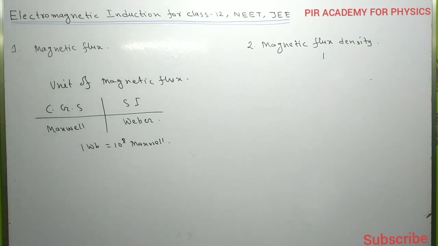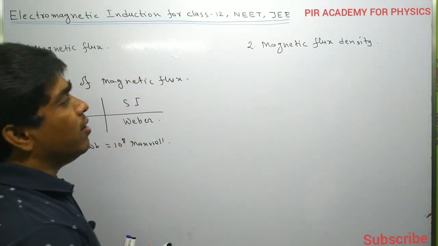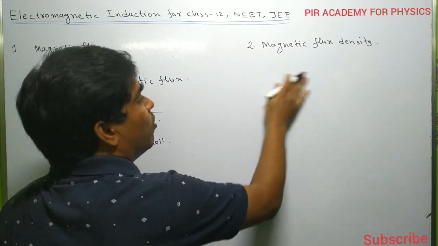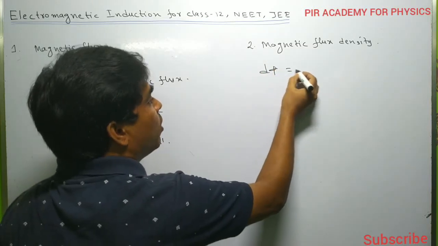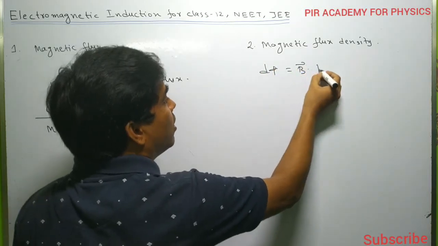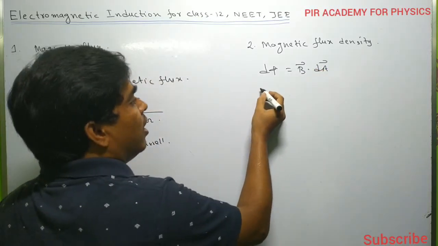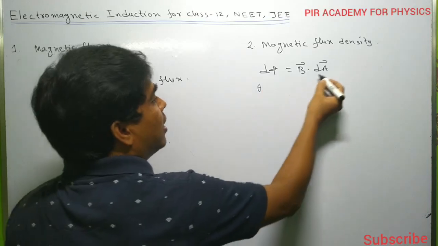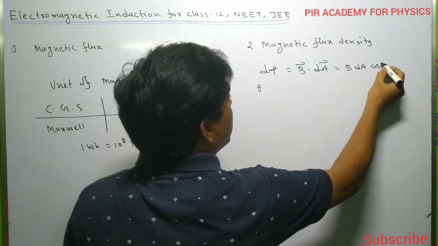Now you have to know what is magnetic flux density. Here you have already calculated that magnetic flux equals B dot dA. That means B dA cos theta.